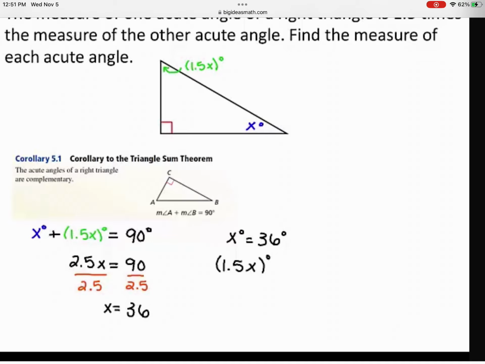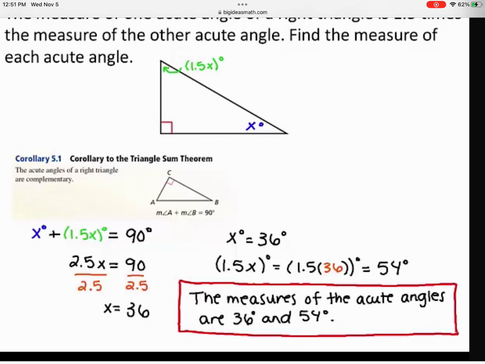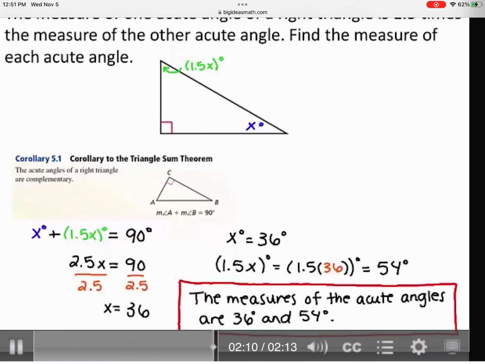When you substitute 36 in for x and simplify, 1 5/10 times 36 gives you 54. So, the measure of the second acute angle is 54 degrees. Therefore, the measures of the acute angles are 36 degrees and 54 degrees.